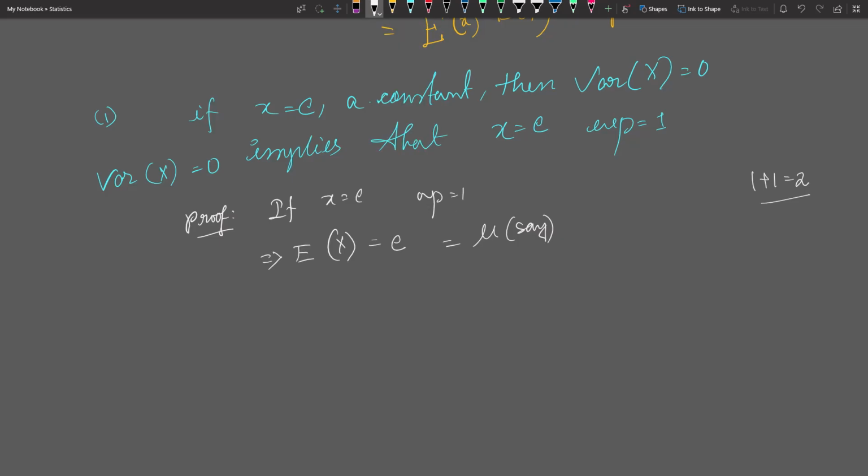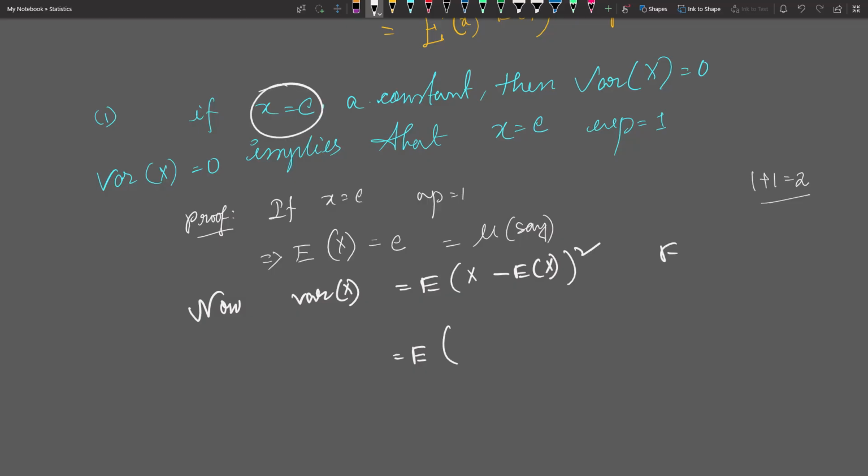Now variance of x is equal to expectation of (x minus expectation of x) square. This is the formula we know. I am giving you x is equal to c, so expectation of x is also expectation of c, where c is a constant, that is also given. So we should write here only c as the first law of expectation.